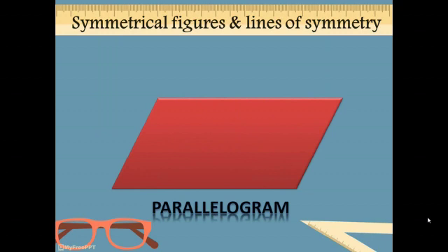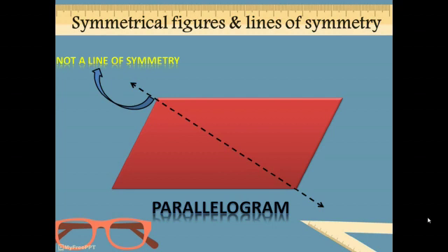And imagine that we draw one of its diagonals, which will divide it into two congruent triangles. But if we fold it along this line, we will find that the two triangles are not exactly above each other. Thus, this line is not a line of symmetry.